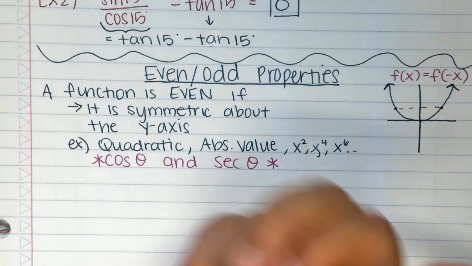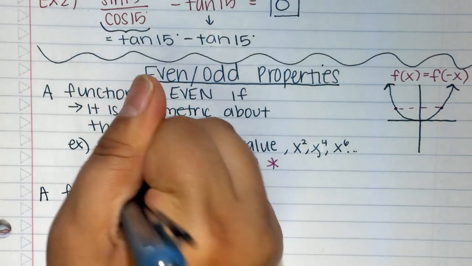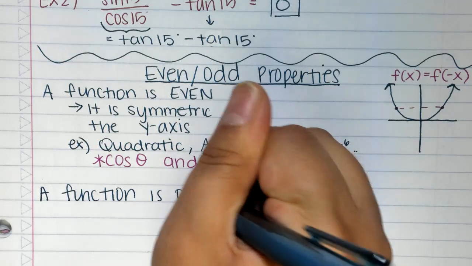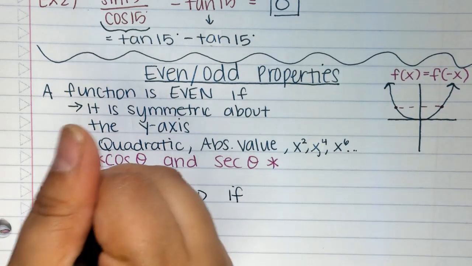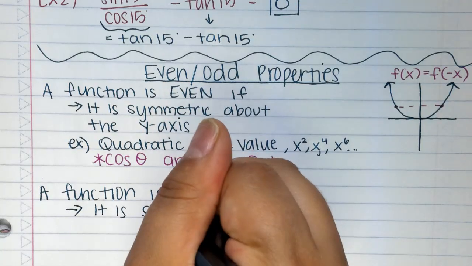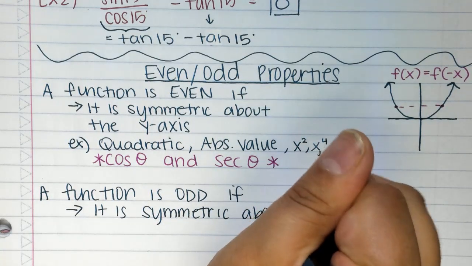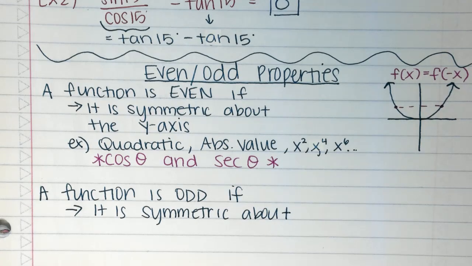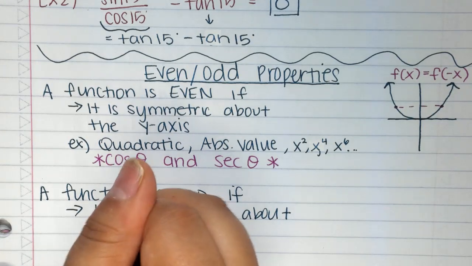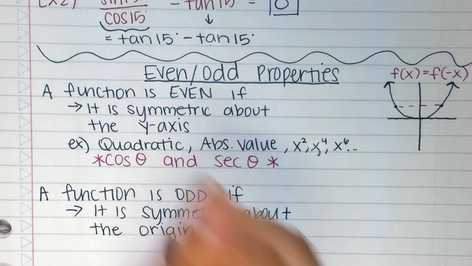Okay? What about odd? A function is odd if, does anybody remember? A function is odd if it is symmetric about the origin.